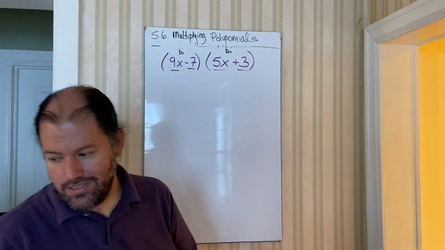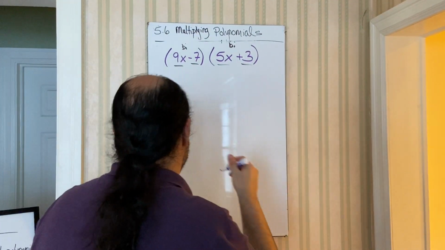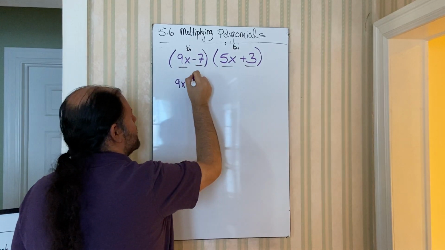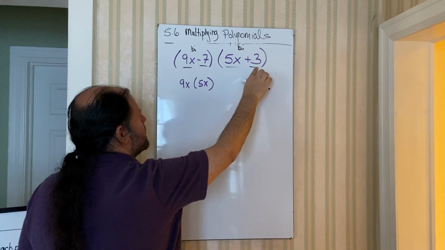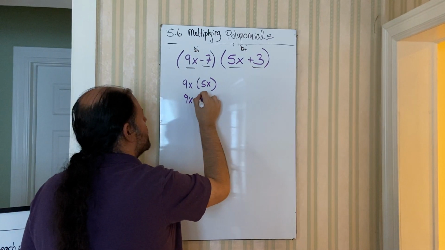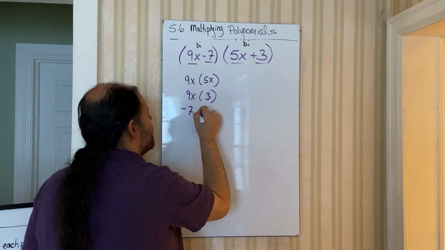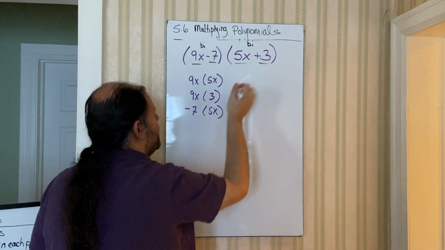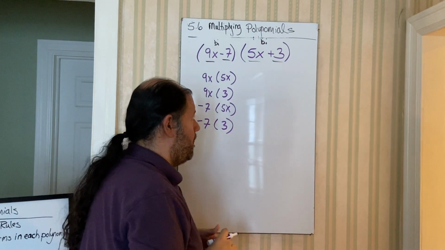Now we talked about the distributing method. If you're my distributing fans, you would do the 9x with the 5x, the 9x with the 3, the -7 with the 5x, and then the -7 with the 3.